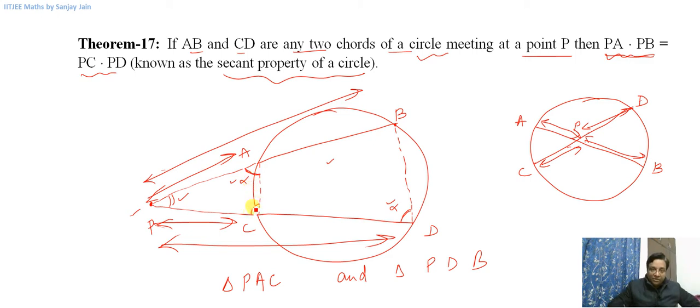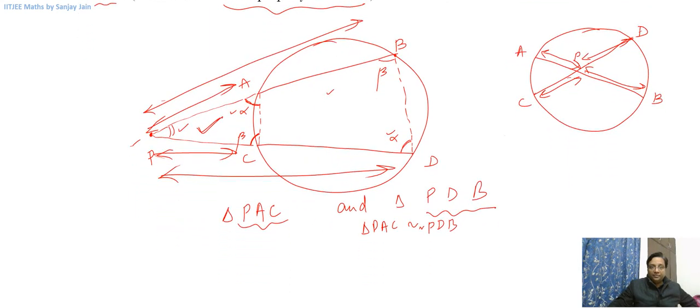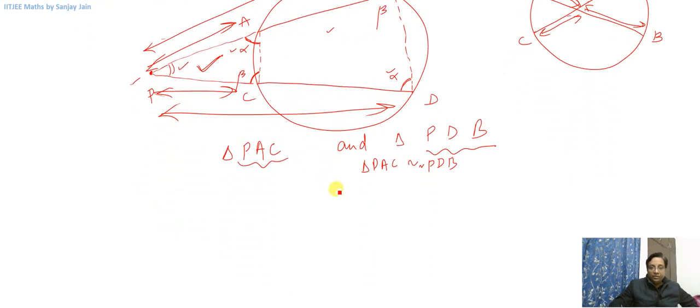Similarly, I can talk about this angle. If this is, let us say, beta, this angle will also be beta, again because of the property of a cyclic quadrilateral. So triangle PAC is equiangular to triangle PDB. Hence these are similar. So the ratios of their sides are going to be equal.